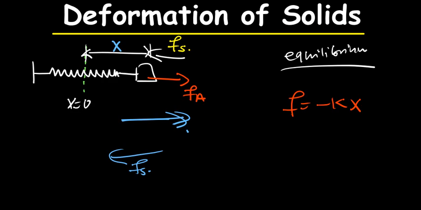Does that make sense, guys? The reason why we have the negative. So what I've explained here is under Hooke's law. Hooke's law states that the restoring force and the displacement are directly proportional to each other. What does it mean?